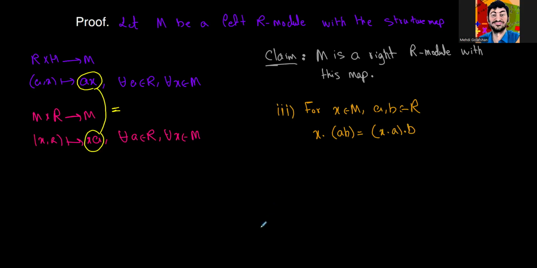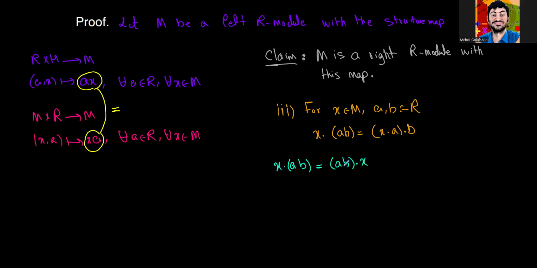Let's start again. We know x times ab. Based on what we defined already, we are working in a commutative ring, so we can commute x and ab, which is equal to ab times x.